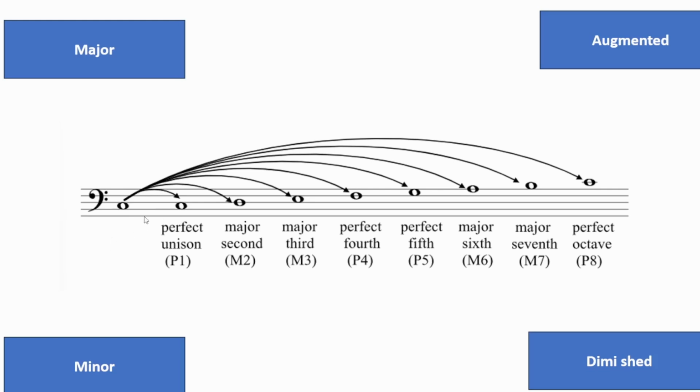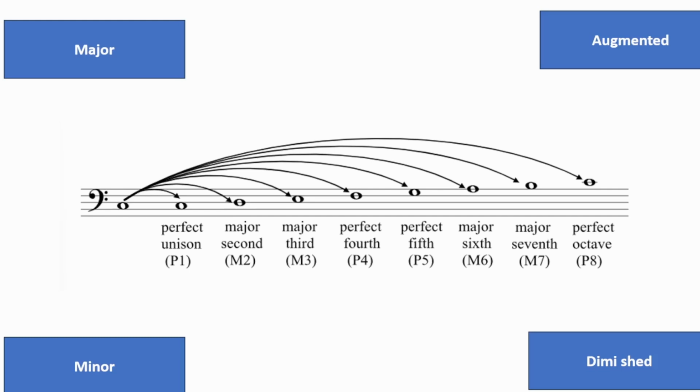So, here is the diagram to help you understand the different types of intervals from the original note. To explain augmented and diminished, augmented means that the note, for example, if we're taking a C and we want to take it to a major second, we can raise that and that becomes an augmented.